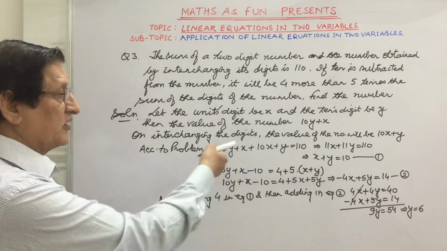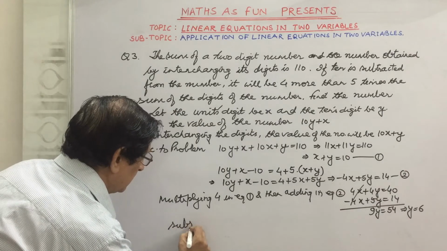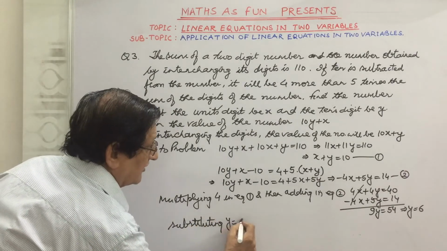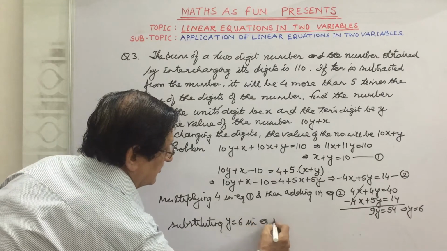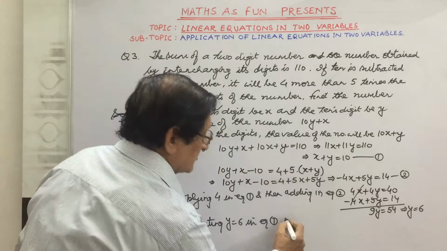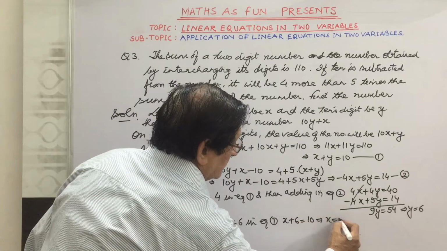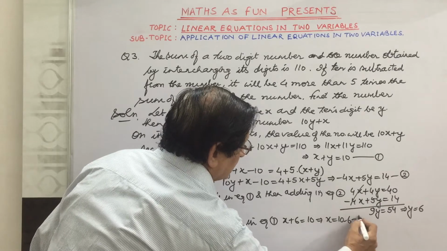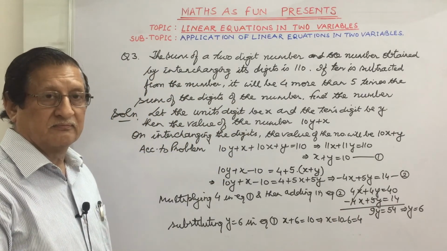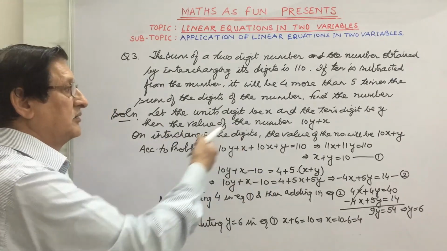The value of y we can substitute in any one of the equation. So we can write, substituting y equal to 6 in equation number 1. What we get? x plus 6 equal to 10, which gives you x equal to 10 minus 6, which is equal to 4. So we've got the value of x, we have got the value of y. Now we have to write the number.